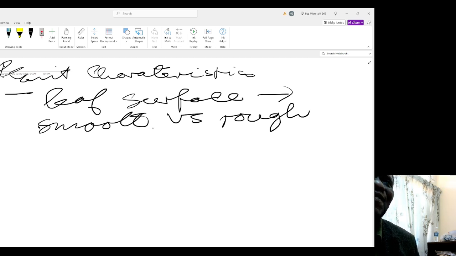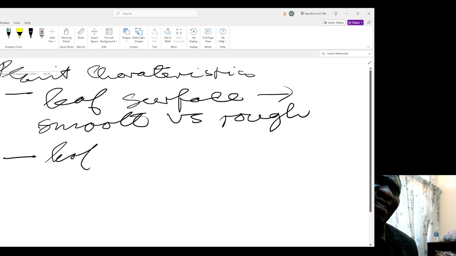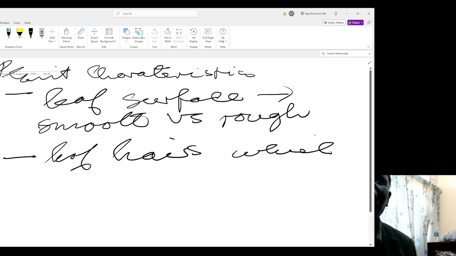The smooth surface allows the plant to survive. There's also another feature on plant characteristics like leaf hairs, which tend to trap the droplets.